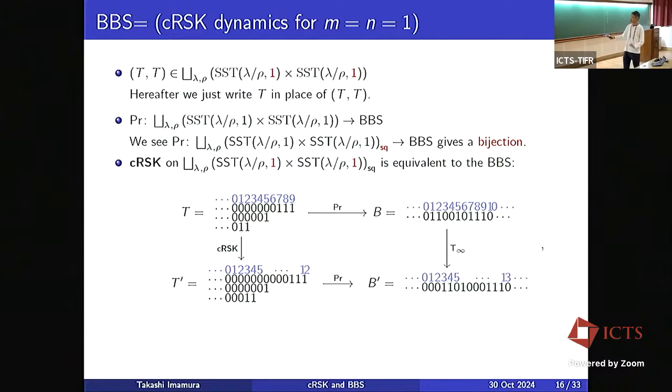So the projection is of course not a bijection for general pairs of the generalized tableau, but if you restrict the action to the squeeze tableau, one can see that it becomes a bijection.